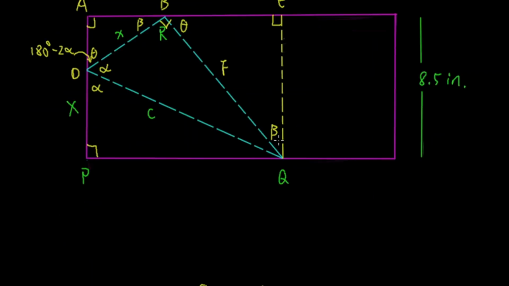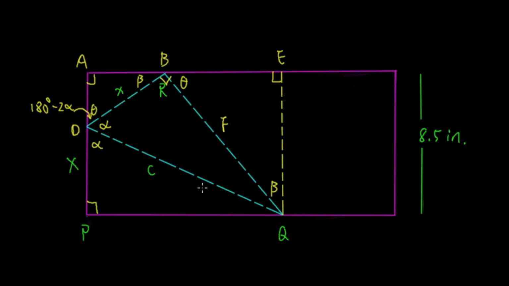Okay, so how do we find f using the similar triangles? Okay, so this triangle and this triangle, we know that this side, f, is corresponding to this side, x here. So f over x is equal to this side, EQ over AB.